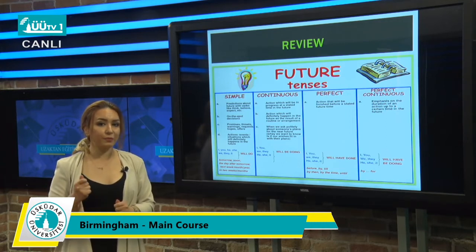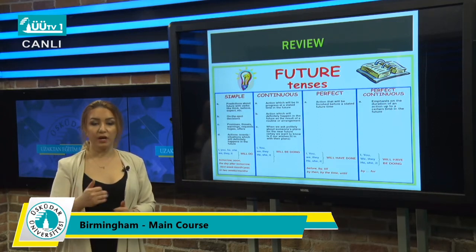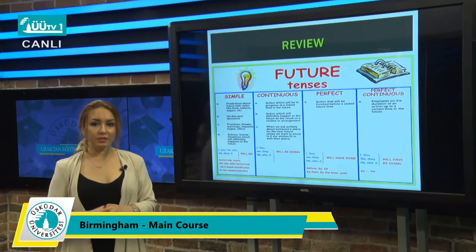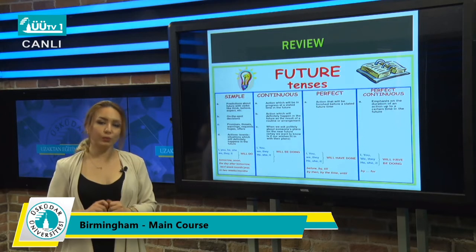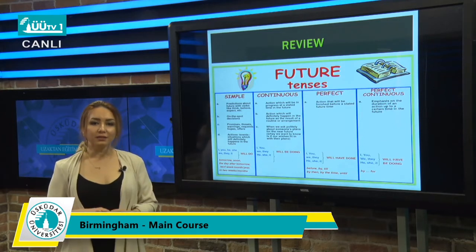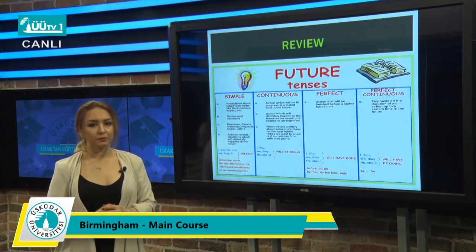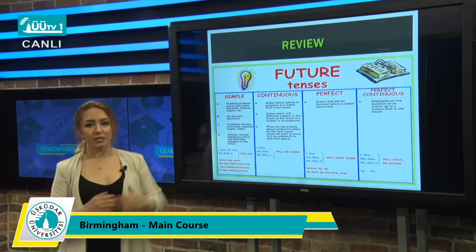I have my tickets with me now, but it is about the future. What tense do we use for that? We use I am traveling to Bursa. It means that I have made my decision and plan and have done a physical activity for that, which is buying my tickets. Another tense is continuous.